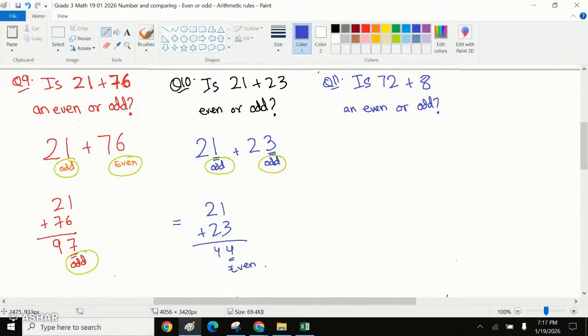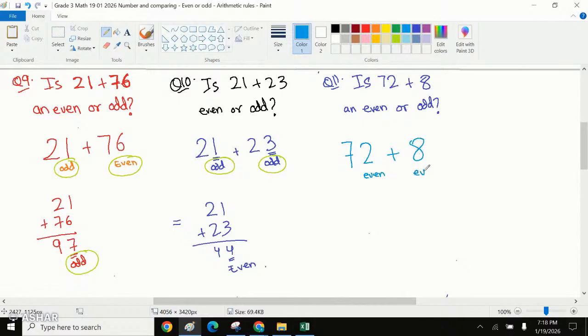Is 72 odd or even? Piece, you wrote all odd. If we have the numbers 72 plus 8, we say that 72 ends, the unit place is 2. That means it's an even number.